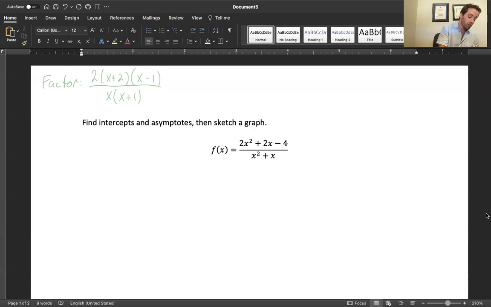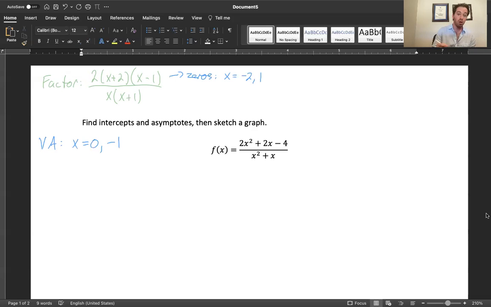So the vertical asymptotes, which will be determined by the zeros of the bottom, are possibly at x equals 0 and -1. The reason I say possibly is that if one of those is a shared 0 with the top, then it's not a vertical asymptote, but a hole. But you can see that the zeros of the top are x equals -2 and +1.